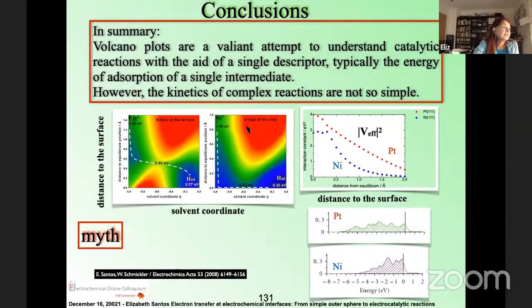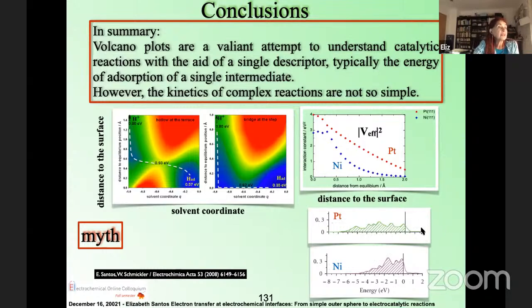When it's in adsorption at a step position, it can reach more and more near the surface, and then the interaction here is much stronger, and then the reaction can occur.